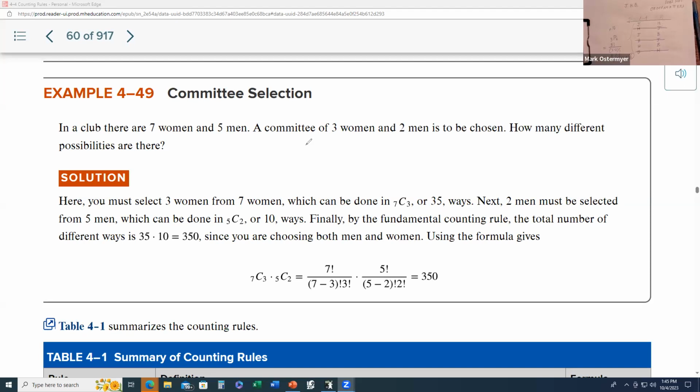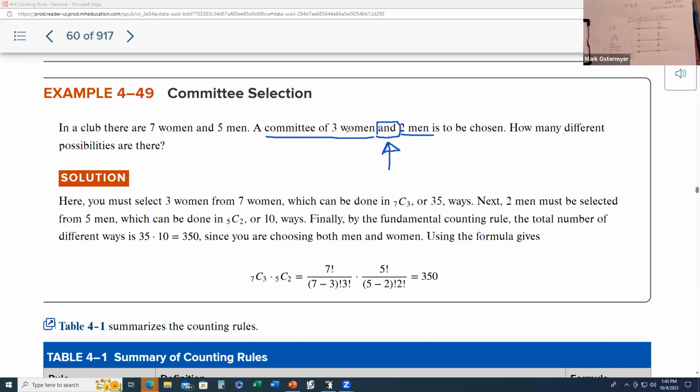In between the event, a committee of 3 women, and the event, 2 men, what word do we see in between these 2 events? We see the word and. And suggests the multiplication rule.